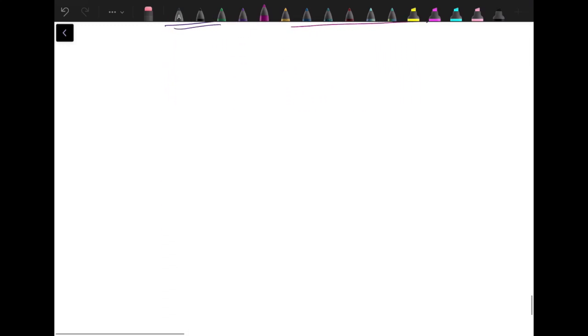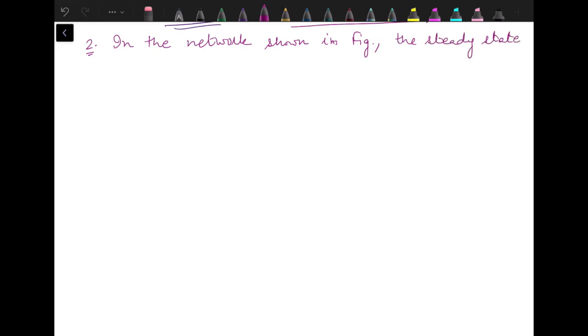Now let's move on to the second problem. Second problem says, in the network shown in figure, the steady state is reached with the switch open.